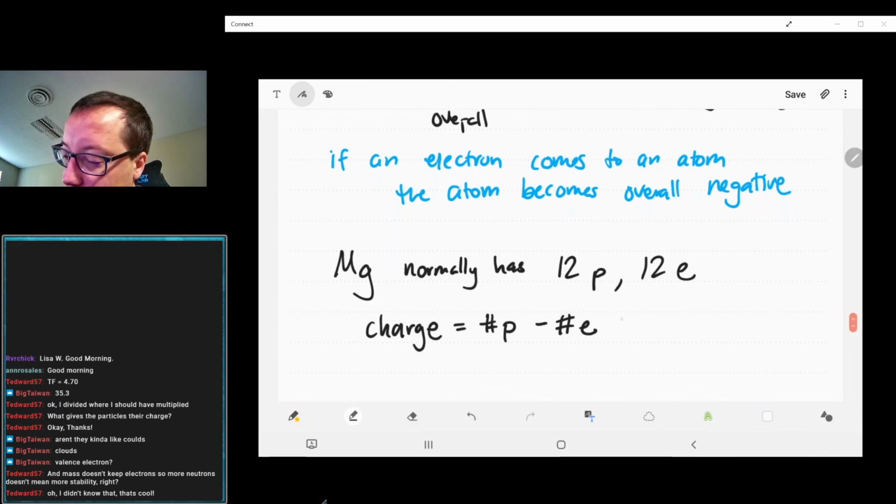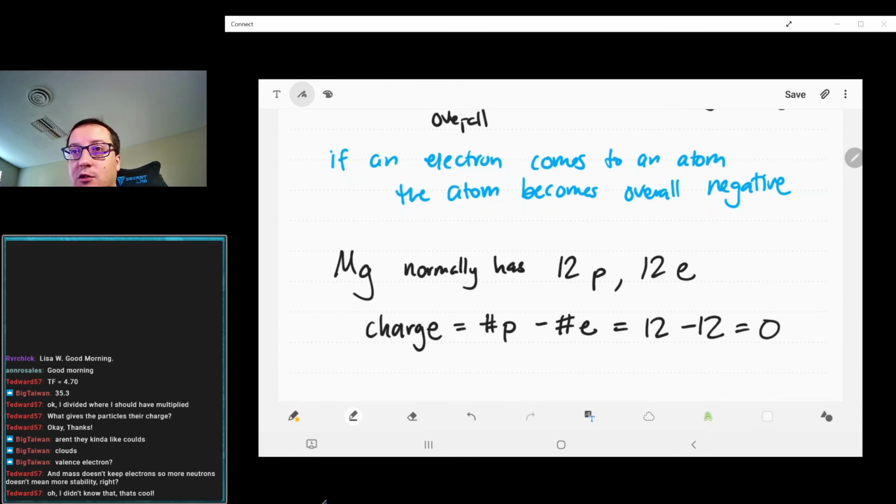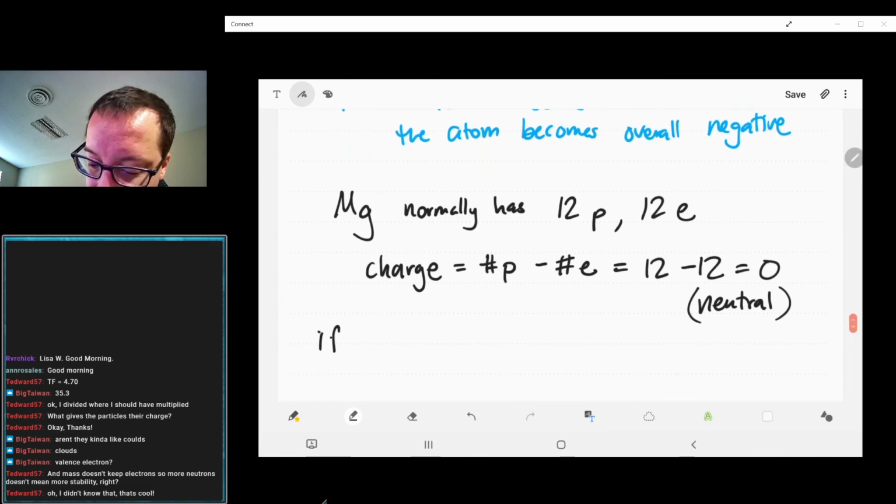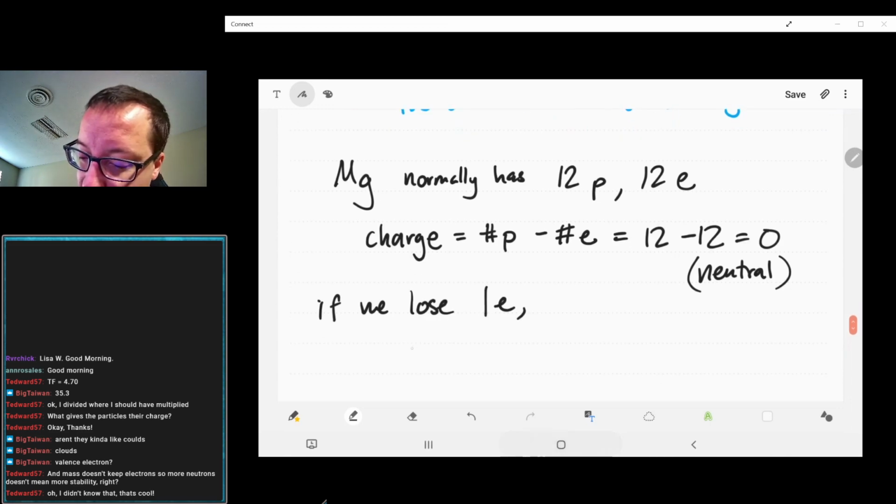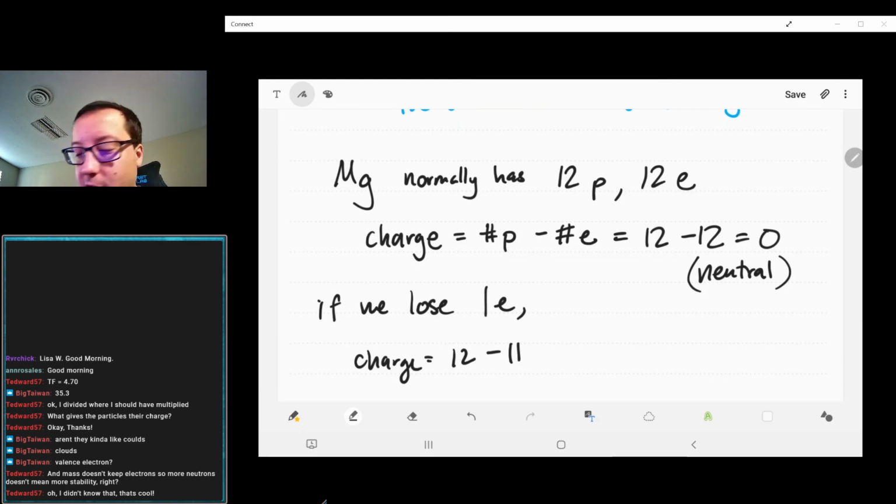In this case, we have 0 charge. It's neutral. If we lose an electron, we now have 12 protons minus 11 electrons, which equals a positive charge.